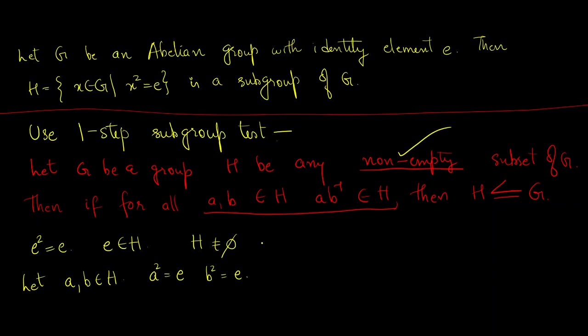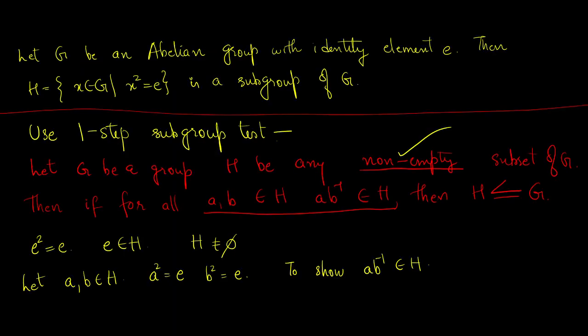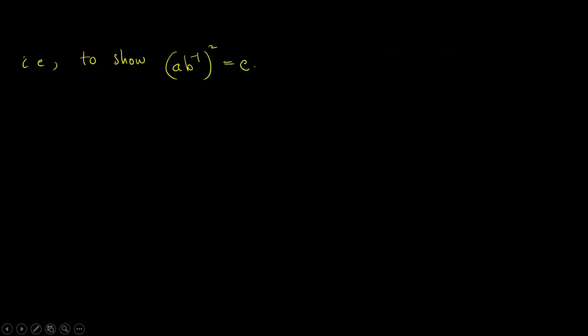Now we have to verify that A B inverse is in H. For an element to be in H, its square must be equal to identity. So for A B inverse to be in H, we must show that (A B inverse) whole squared is equal to identity. So let's compute this.